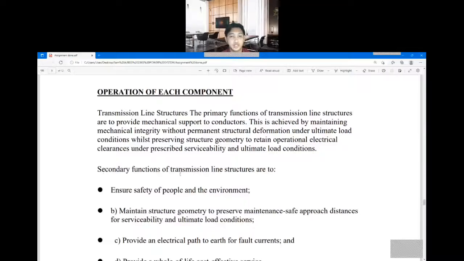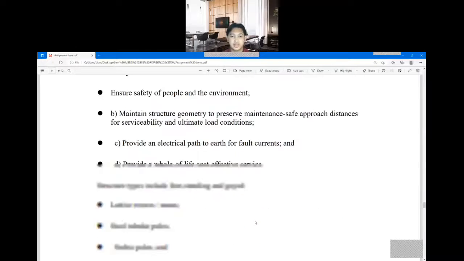So these are the secondary functions of transmission lines. It ensures safety of people and the environment, maintains structure geometry, maintains safe approach distance for stability, provides electrical path, and provides a whole of life cost effective service.